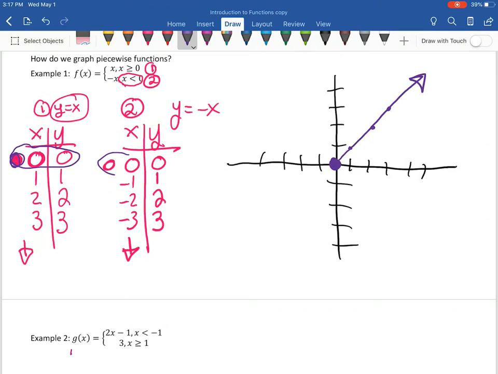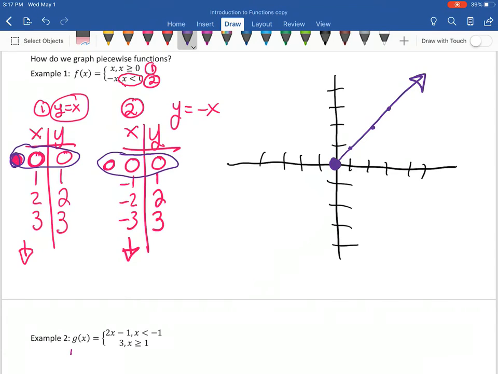And now I'm going to work on this piece, and I'm going to start with 0, 0. Now for this one, it says plot 0, 0, but plot it with an open circle because we're not including 0 in there. So if you ever get it so that you have an open circle overlapping with a closed circle, you just keep it closed.